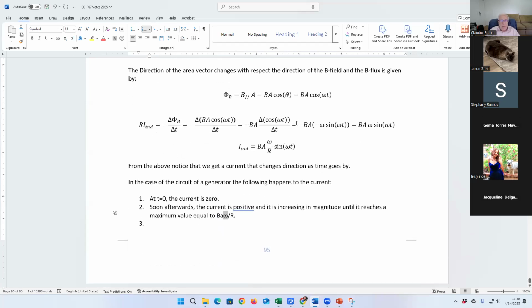Don't forget the current depends on the frequency of rotation of your circuit. I'm going to put that in italics.